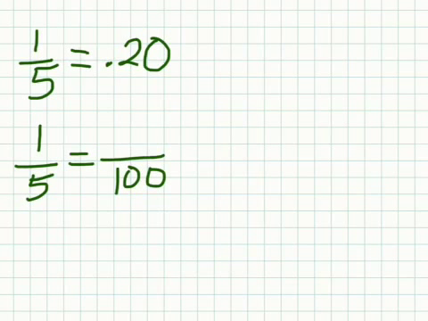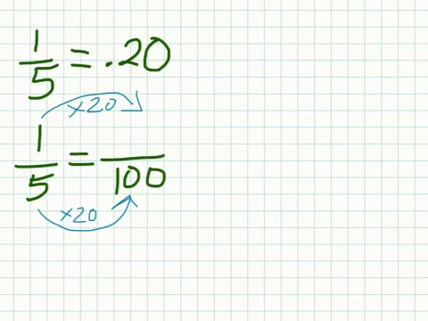Okay, so let's make our equivalent fractions. We've gotten really good at doing this. 5 times what is 100? You could think, well, 5 times 10 gets me to 50. Double that. 5 times 20 gets me to 100. So multiply by 20. And whatever you do to the denominator, you have to do to the numerator. So times 20 again. 1 times 20 is 20.